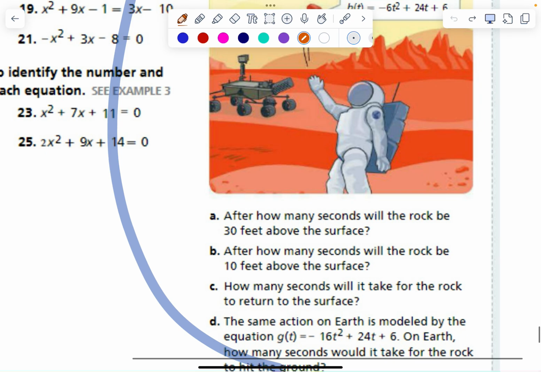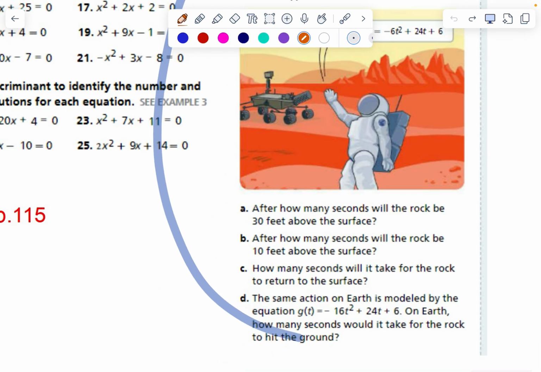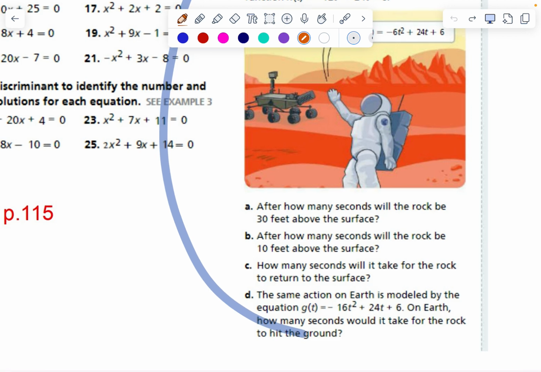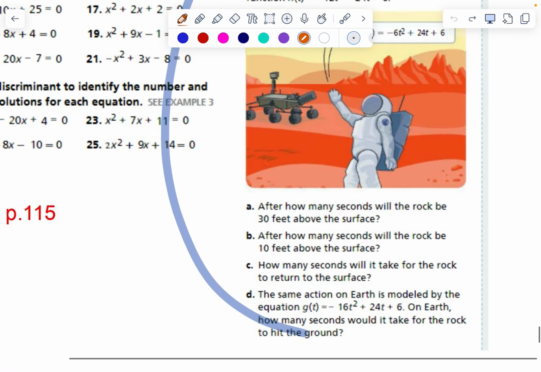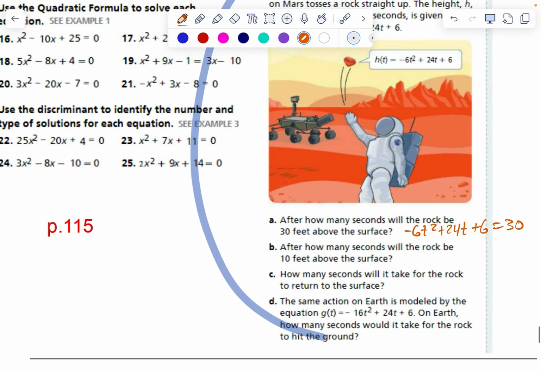All right. It says, after how many seconds will the rock be 30 feet above the surface? How do you set that up to solve? Yep, negative 6t squared plus 24t plus 6 equals 30. H up here, h is the height, so we just set it equal to 30.